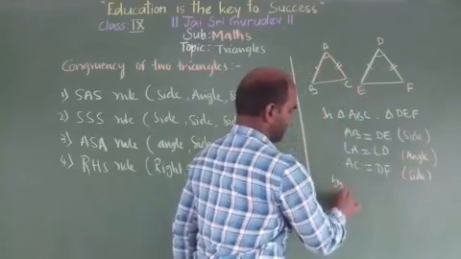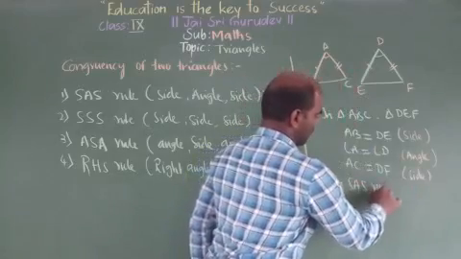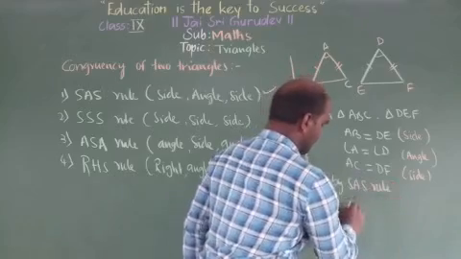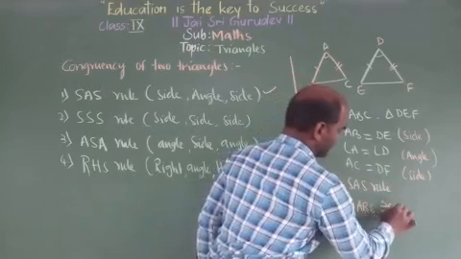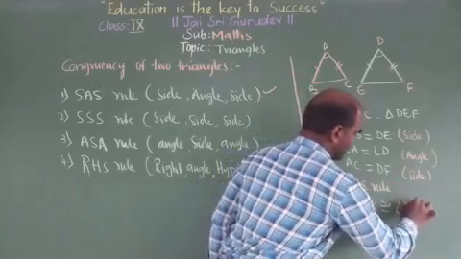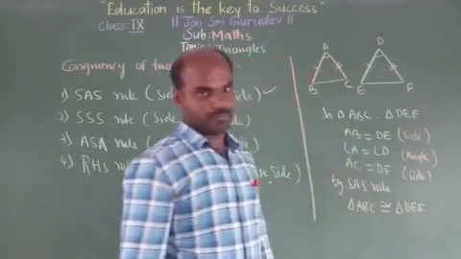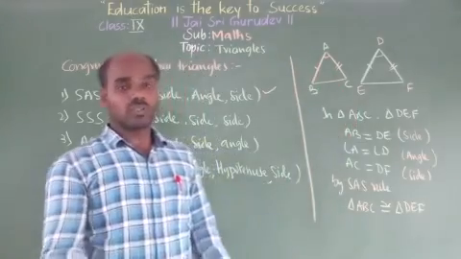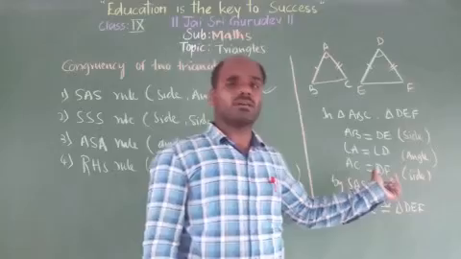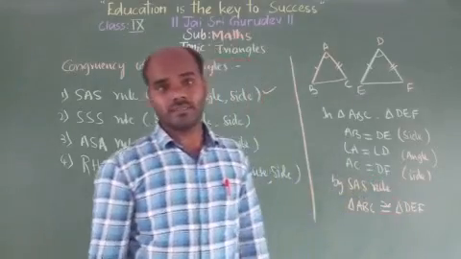By the SAS rule, triangle ABC is congruent to triangle DEF.